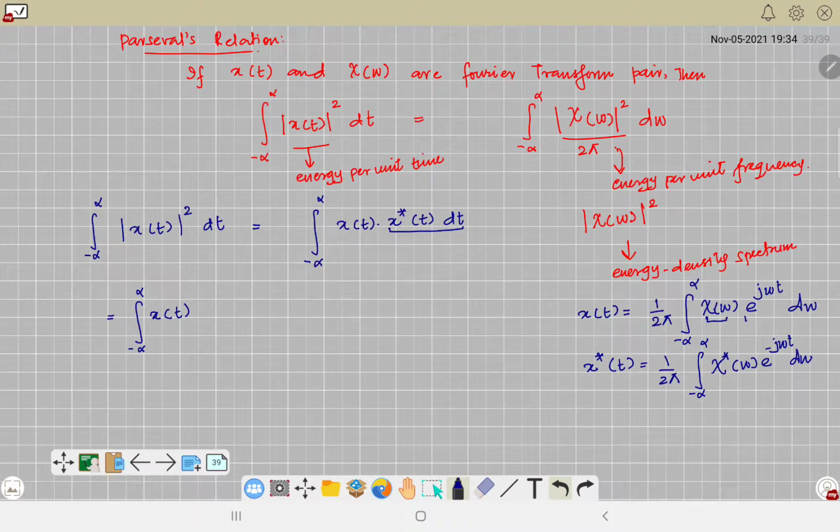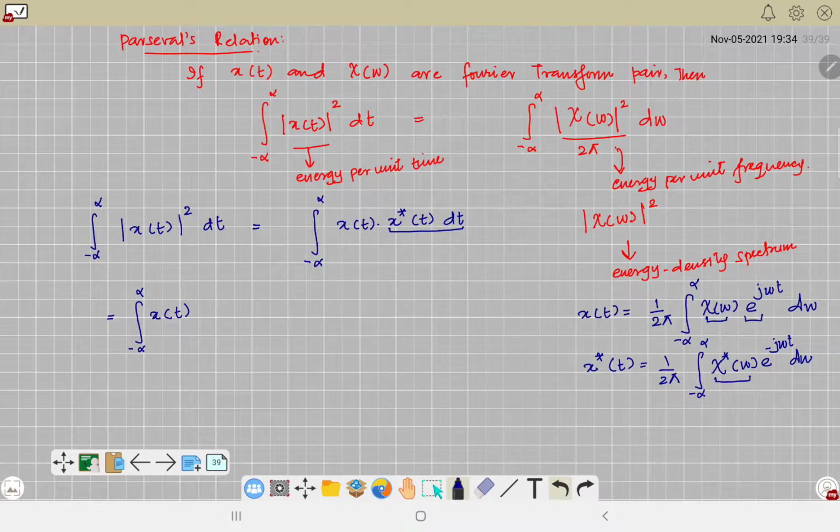So these are two terms. Its conjugate I will denote as X asterisk omega, and e raised to the power j omega t. In the power it has the imaginary part. You know in conjugates the imaginary parts have opposite signs, so we put e raised to the power minus j omega t.